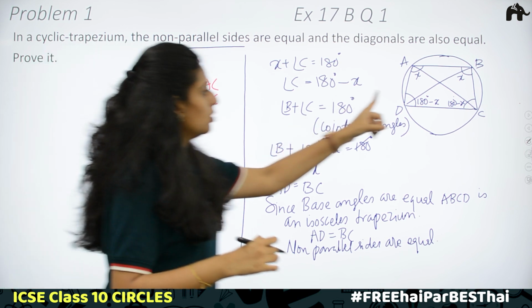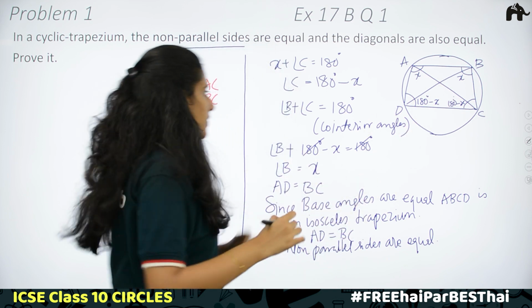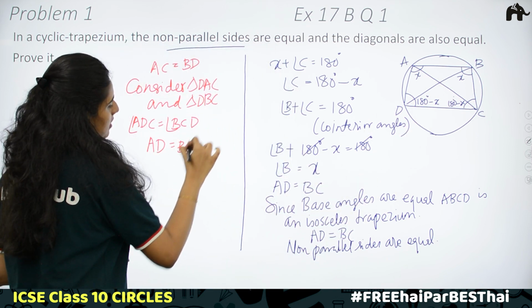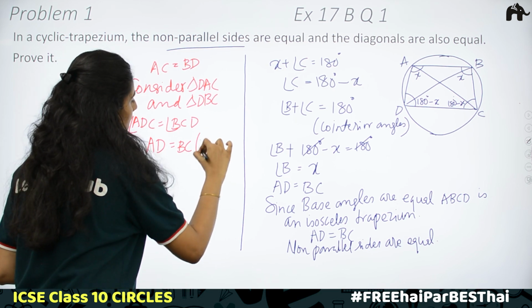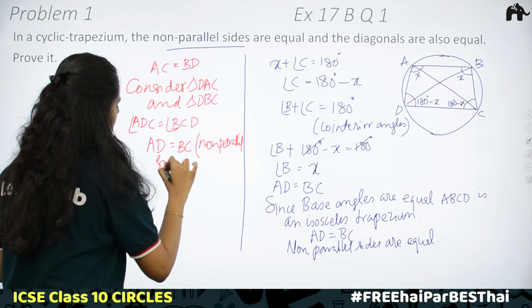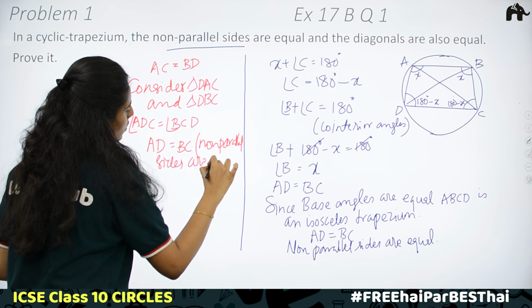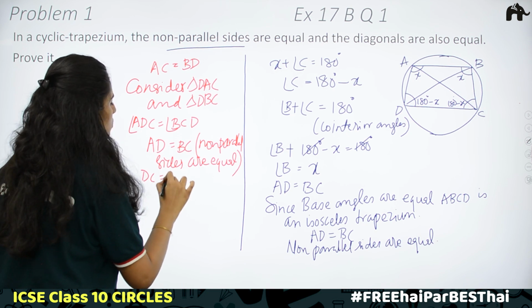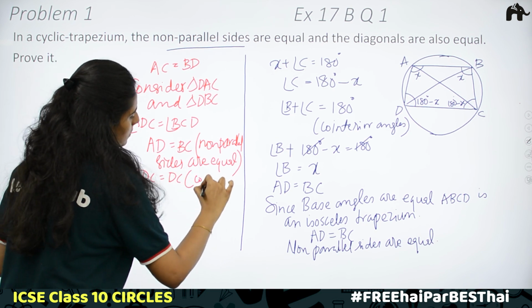Both of them are equal to 180 degrees minus x. Then AD is equal to BC, the non-parallel sides are equal. Then DC is equal to DC, common side.